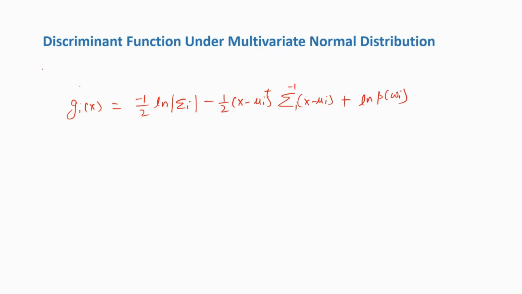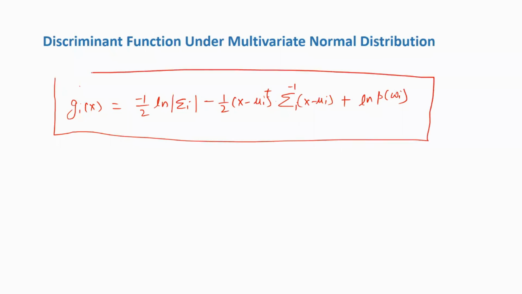And this is the discriminant function that we use in case of multivariate normal distribution. This is the function that we use.